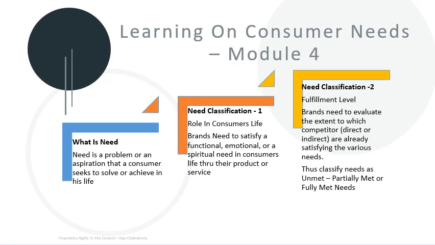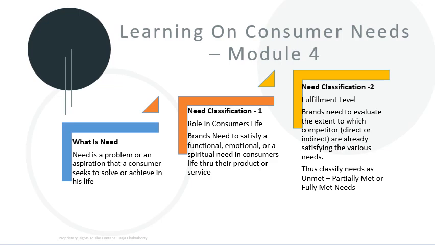The first way of classifying needs is to look at what role your product category, and therefore your brand, can play in a consumer's life. When we say role, we primarily mean what kind of functional, emotional, or spiritual need you are satisfying in the consumer's life through your product or your service.